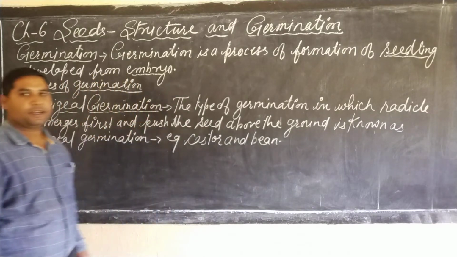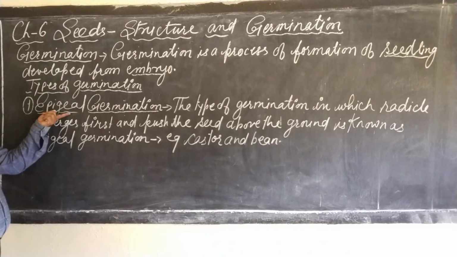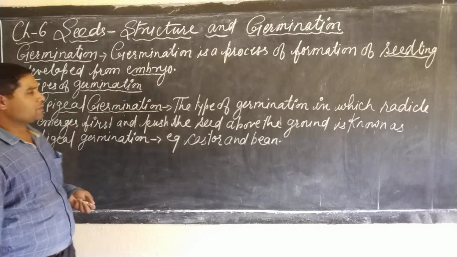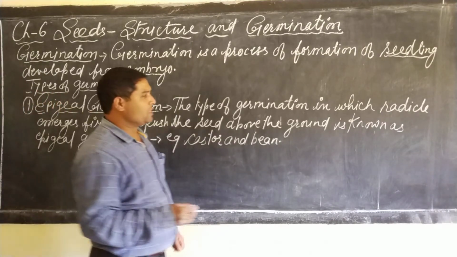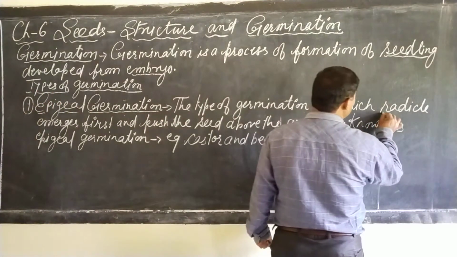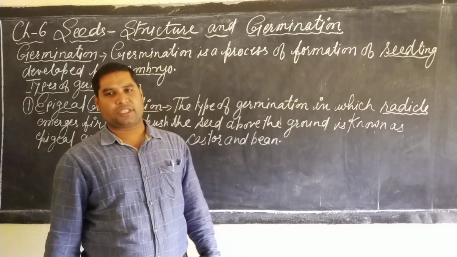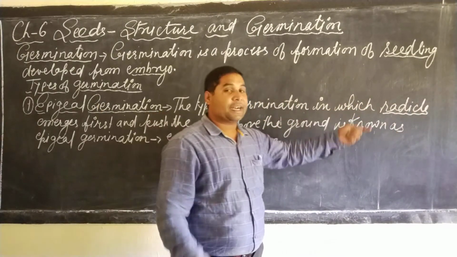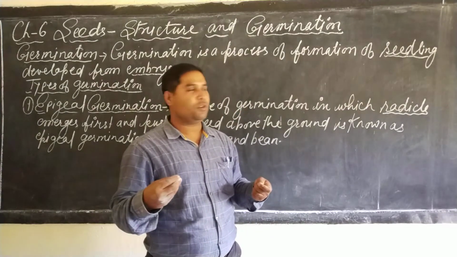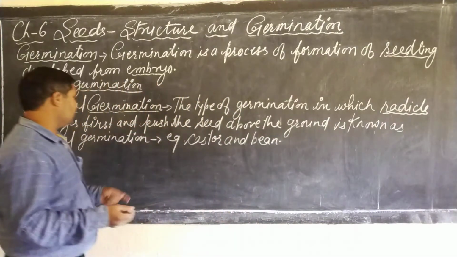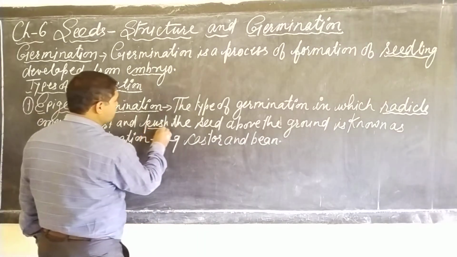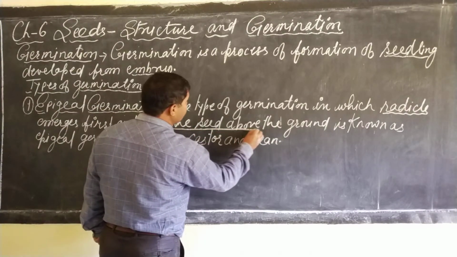So dear student, let us know what you mean by apical germination. The type of germination in which radical emerges. What do you mean by the radical? Root system, only root system. Means the radical comes out first and pushes the seed above the ground.